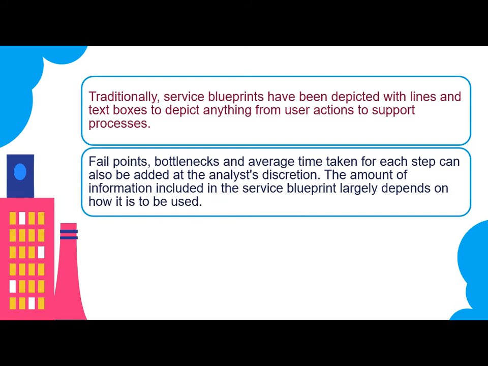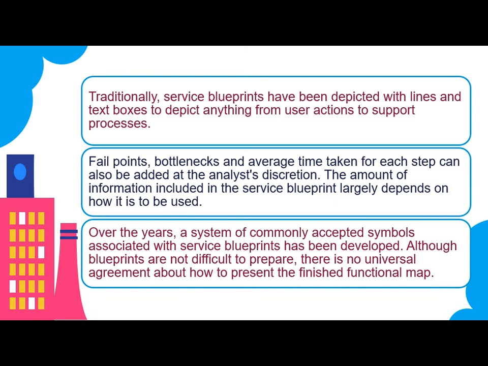The amount of information included in the service blueprint largely depends on how it is to be used. Over the years, a system of commonly accepted symbols associated with service blueprints has been developed. Although blueprints are not difficult to prepare, there is no universal agreement about how to present the finished functional map.